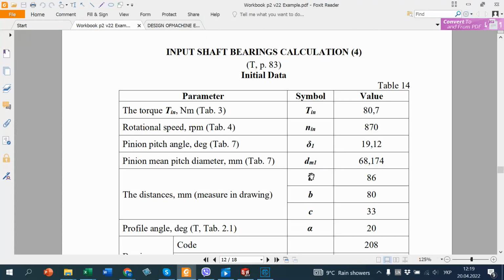But we need some other parameters to calculate the bearing load capacity, or required capacity. First, torque T input, table number 3.